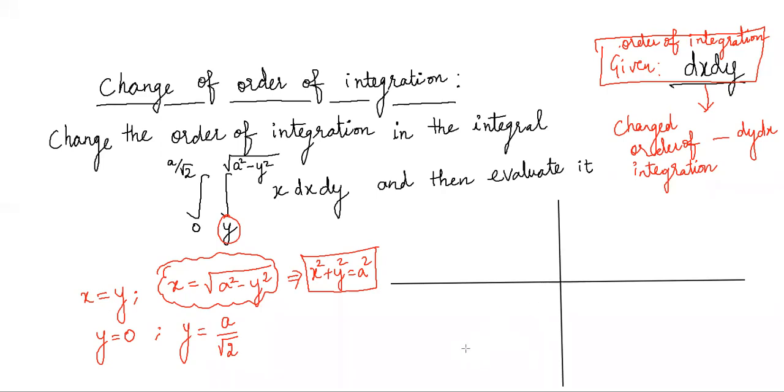x equal to y. This is the straight line x equal to y. Then consider the circle. The circle has center at the origin.